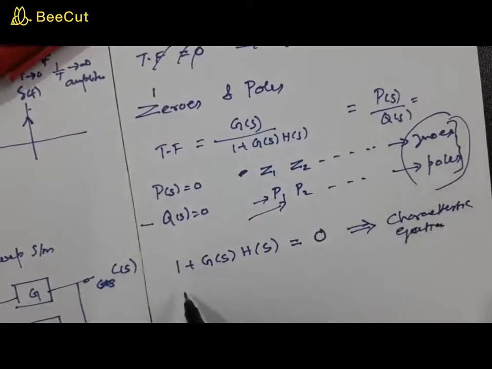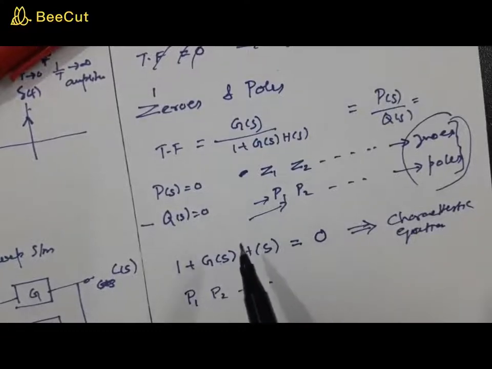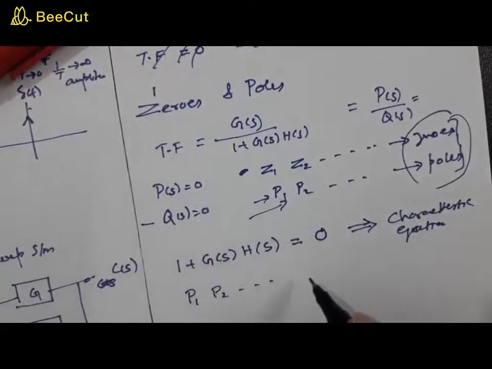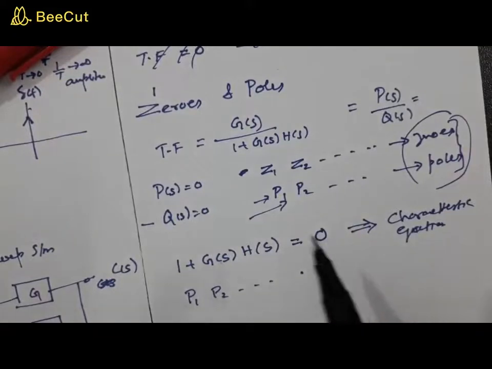And when you solve this, you will get poles in the form of P1, P2, up to as many poles as the degree of this polynomial.